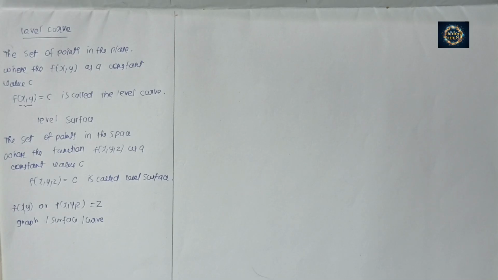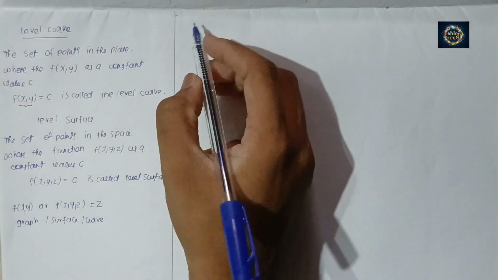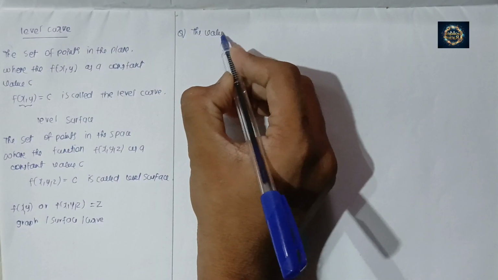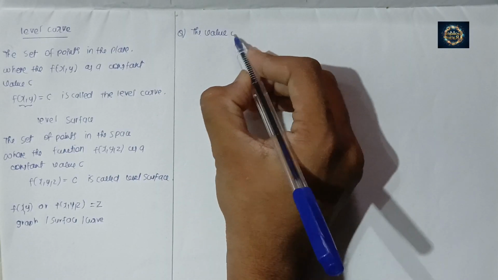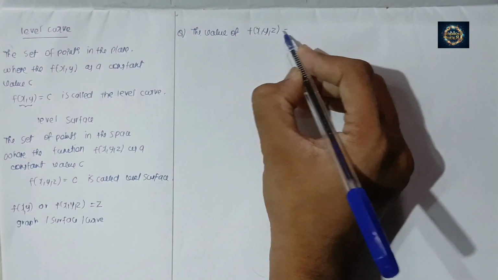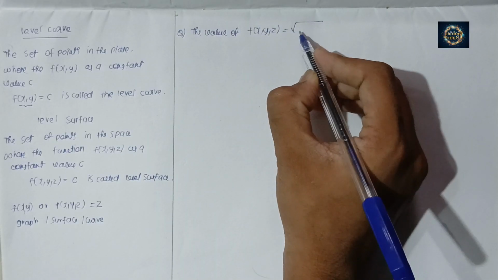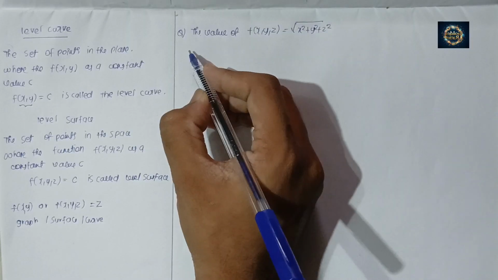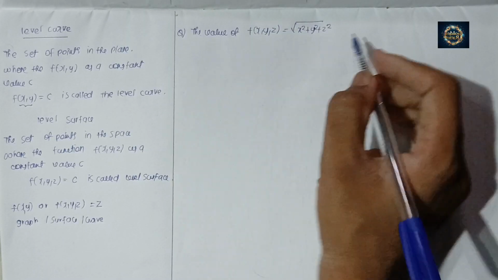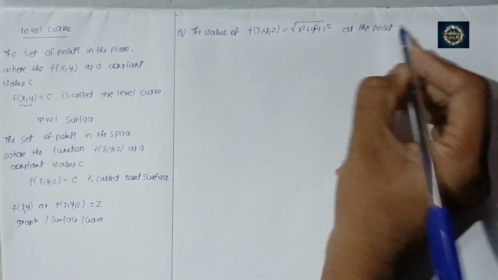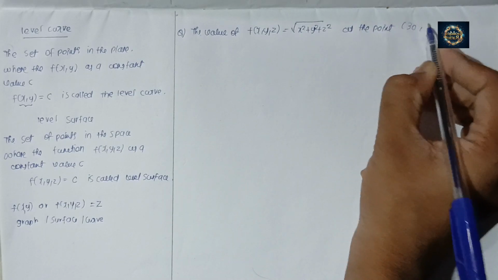So let us start with one basic example. The example is such that we have to find the value of f of x, y, z. The function is defined as the square root of x square plus y square plus z square, and they have given the point 3, 0, 4.